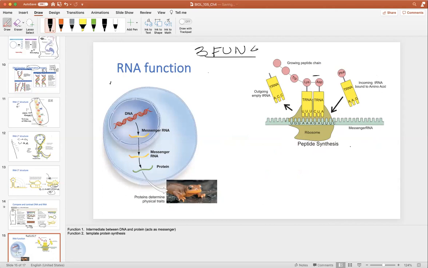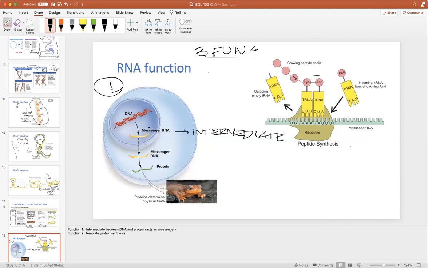Okay, the first function is that RNA acts as an intermediate between DNA and proteins. Intermediate, all right. So this diagram here to the left should look quite familiar to you.